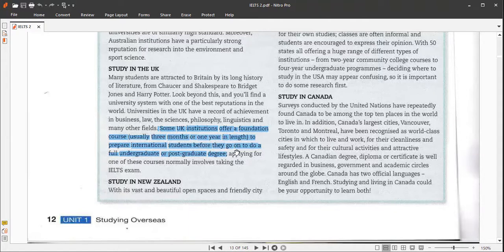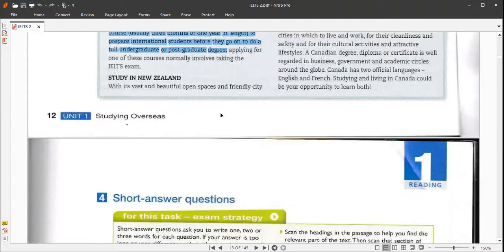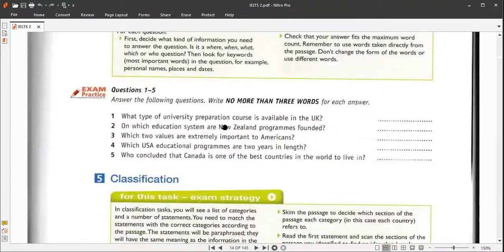So it's similar. Another thing you notice is that what you will find in the question is the paraphrase of what you have in the text. So you will not find the exact wordings as what you have in the question. That's what you need to understand.